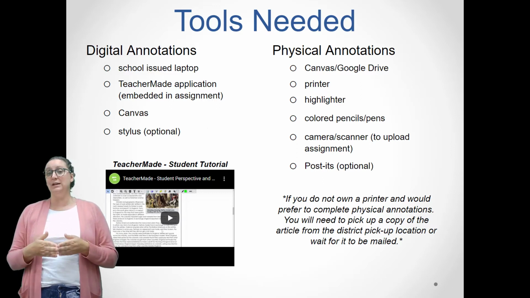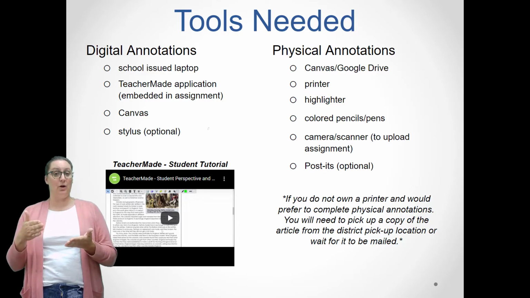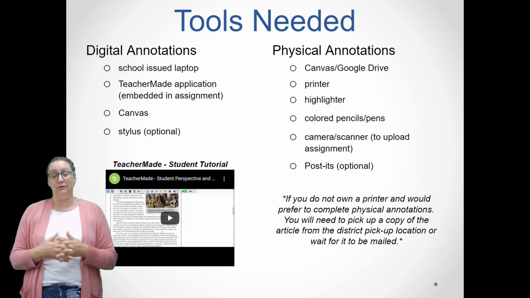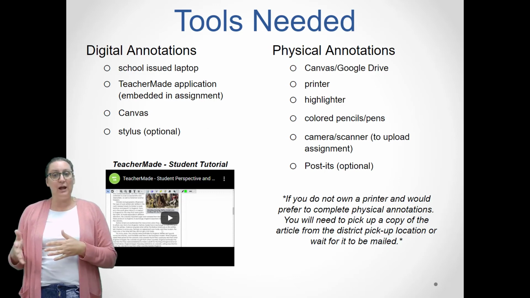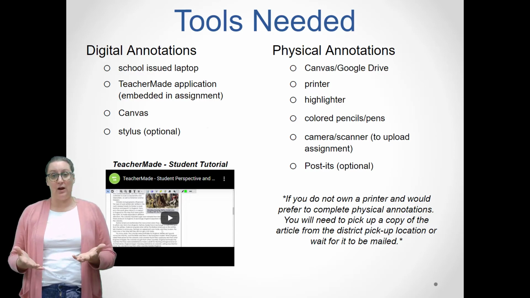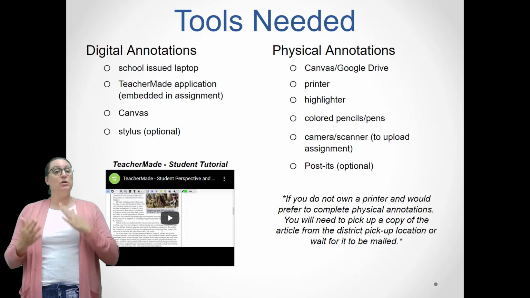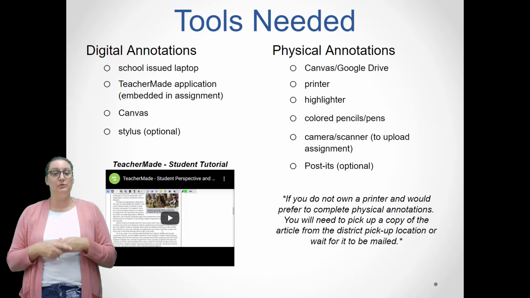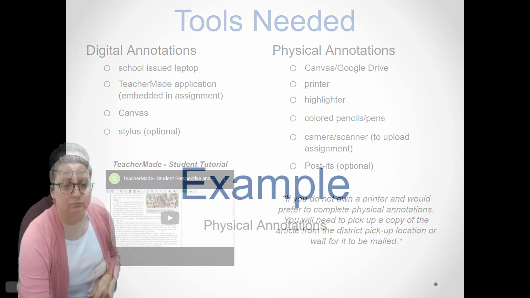You're definitely going to need some sort of scanner or camera so that you can take a picture of your work and then upload it onto the Canvas assignment. Optional items might be Post-it notes. Some people like to use sticky notes instead of writing right on a paper, and that's fine, whatever you choose. Again, I want to encourage the digital annotations, but physical annotations are an option, and we're going to look at both examples today, as well as in our live class.